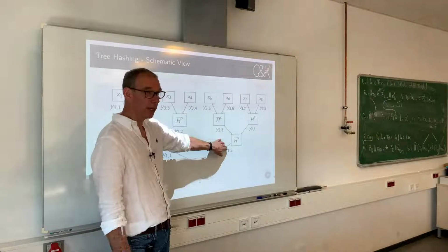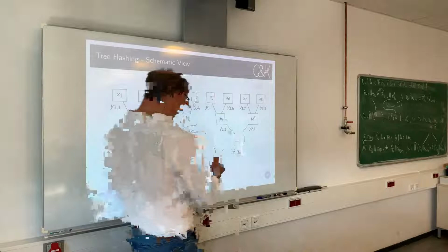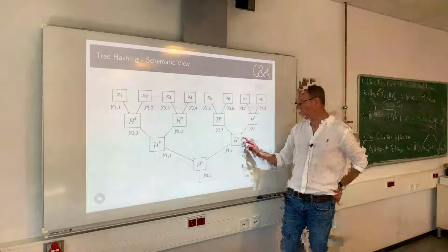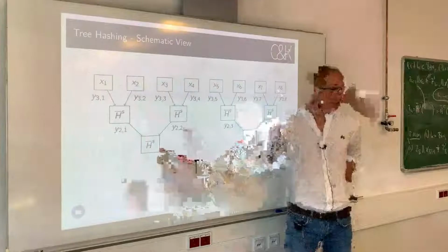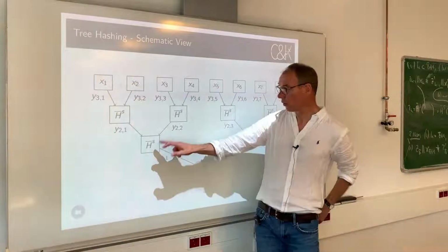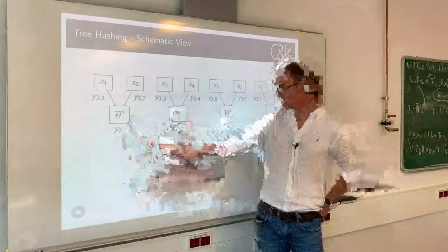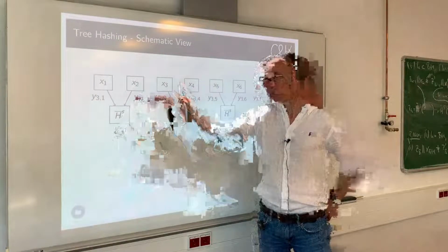And then what you do to check, okay, this is the value that you stored locally. You got from the cloud provider these 2 values. So you check that the hash value of these 2 is this here. Then you check that the hash value of this and this is this. Then you check these 2, and then you check that the hash value is here.